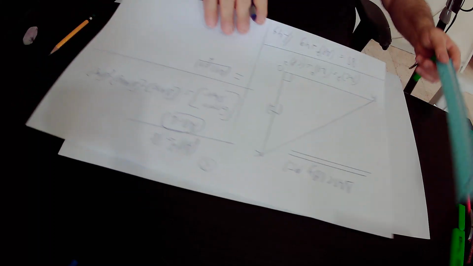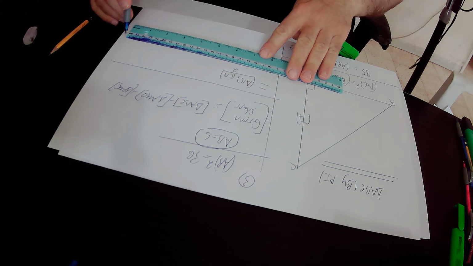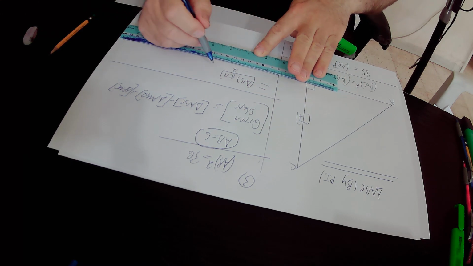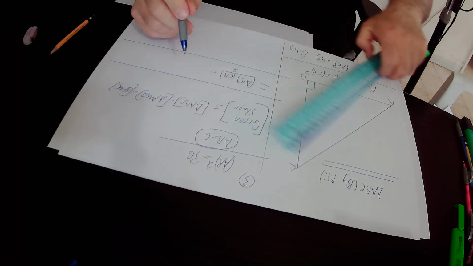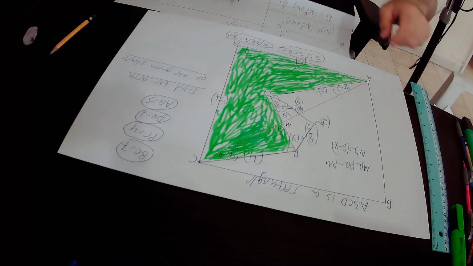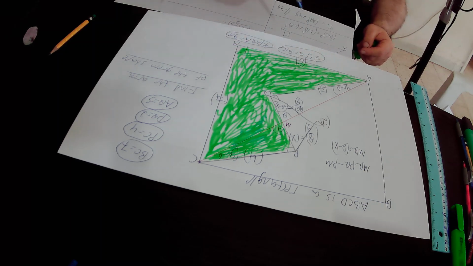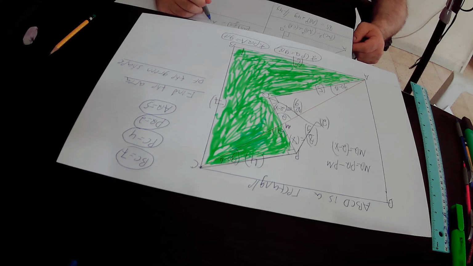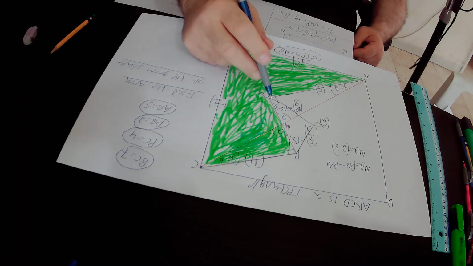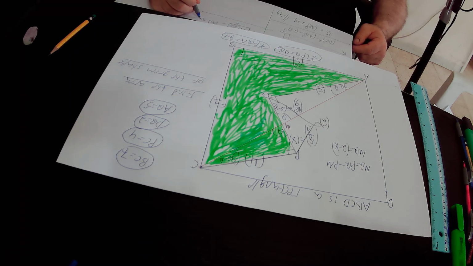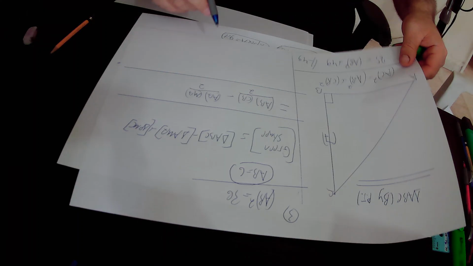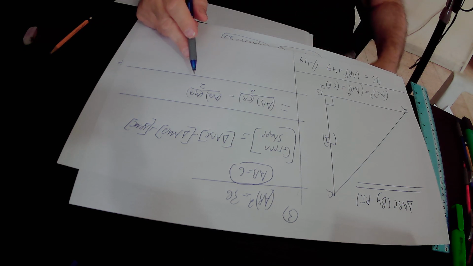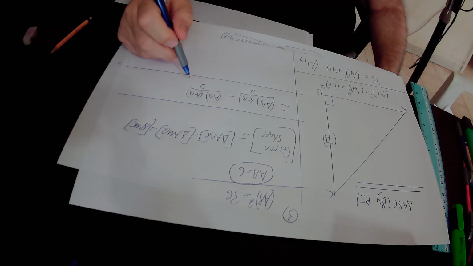So in total, the area of triangle ABC equals AB times CB over 2, minus the area of the right triangle AMQ. What is the area of the right triangle AMQ? It equals the base, that is AQ, times the height to the base, that is MQ, over 2.